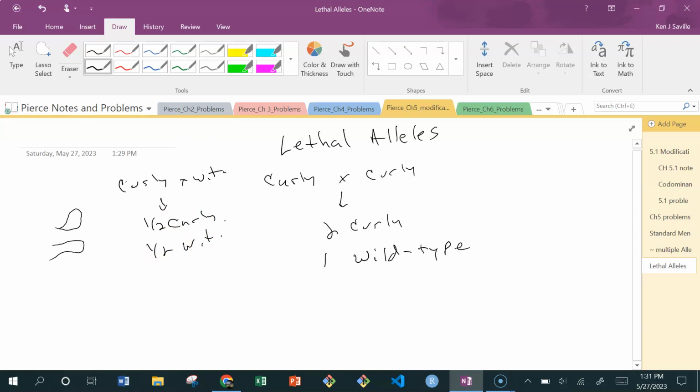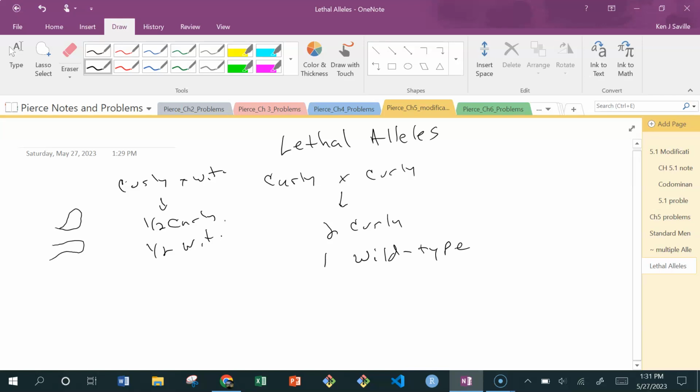So how would we figure out this pattern of inheritance? If you cross wild type to wild type, you always get all wild type. So what's going on here? And you never get a case where you cross curly to wild type and get all curly or anything like that. So how do we interpret this?